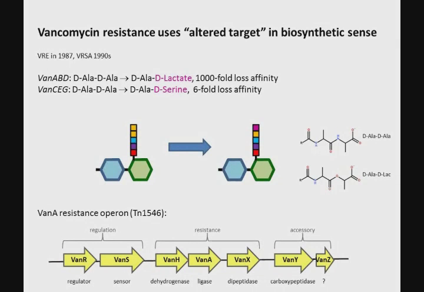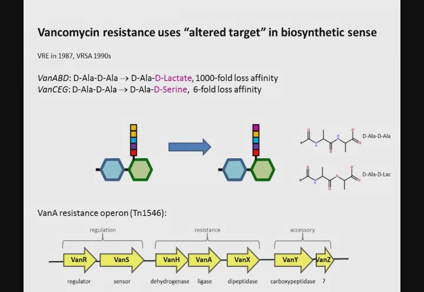That gives us beta-lactam resistance. And this is altered target in a mutational sense. You've just mutated the target. But what we have here with vancomycin resistance, because it binds the substrate for the enzymes, we have to make a different substrate if we want to be resistant.